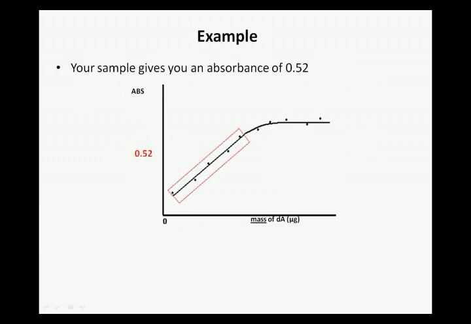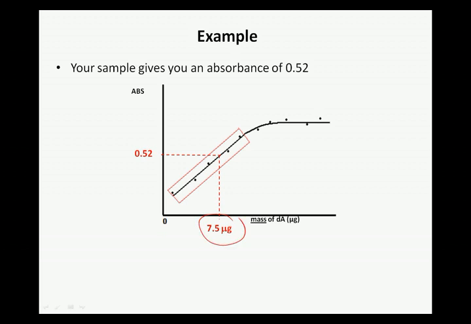Now, let me give you an example, going back to summarize what we just said and finish it up. Let's assume that one of the two samples, the 0.5 milliliter or the 1 milliliter sample, gives you an absorbance of 0.52. So now you use your standard curve and you figure out that this is the mass, 7.5 micrograms.